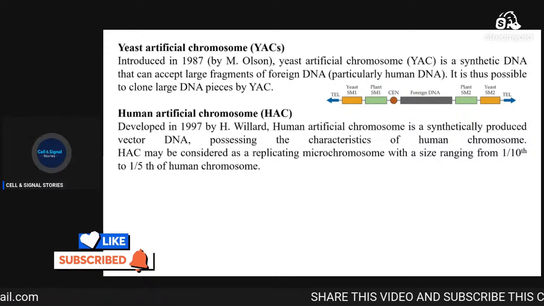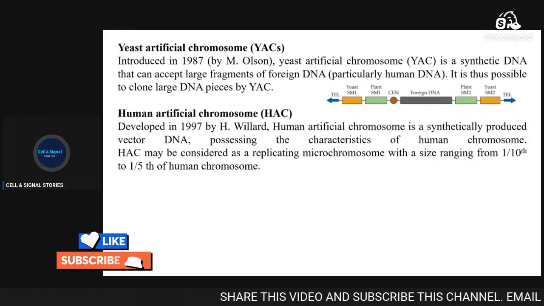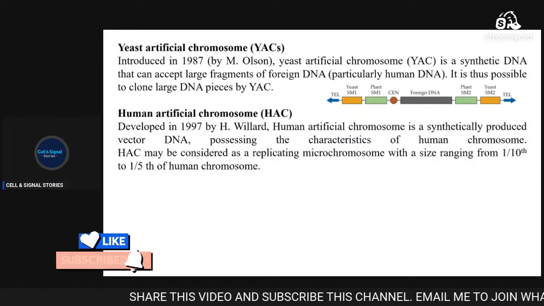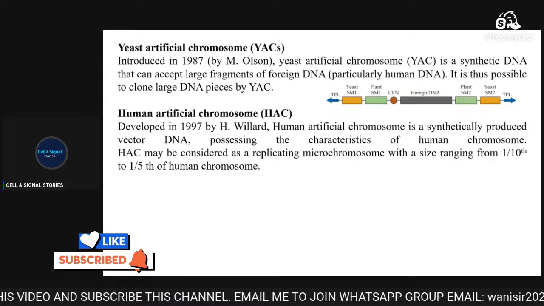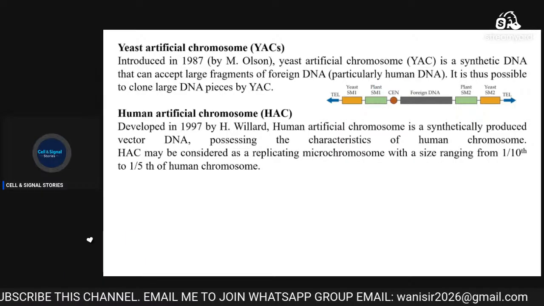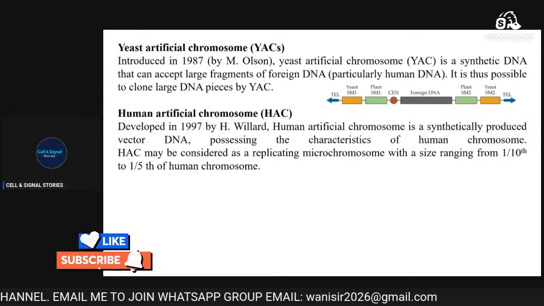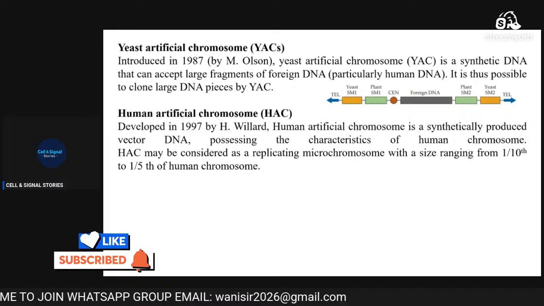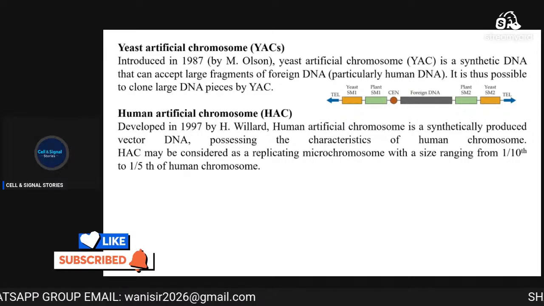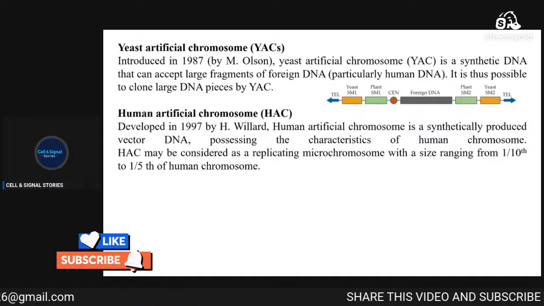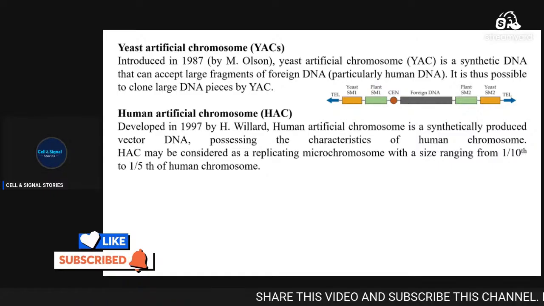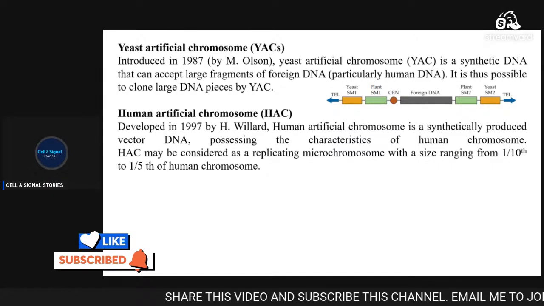Now another type of chromosome is the human artificial chromosome, developed in 1997 by William Willard. The human artificial chromosome is synthetically produced, like the yeast artificial chromosome. It is a vector DNA possessing the characteristics of the human chromosome.